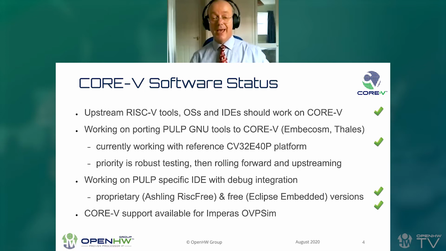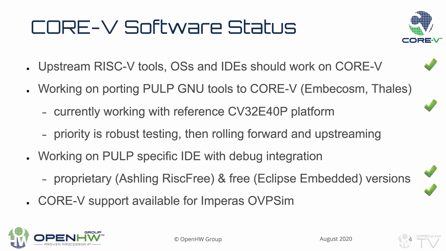So some at Thales at the moment, but we'd welcome anyone else who would like to join in, are working on improving the tools, particularly the GNU tools, working on the CV32E40P platform and Thales working on the CVA6. And the priority is to get those tools robustly tested. They've got to be good if you're going to use them for commercial code. You've got to know they work well. And my colleague Craig Blackmore will be talking about that later.